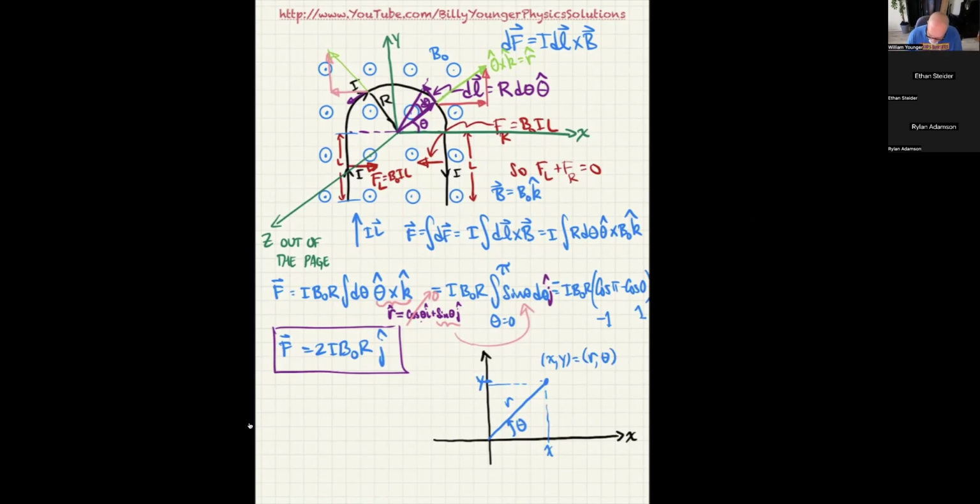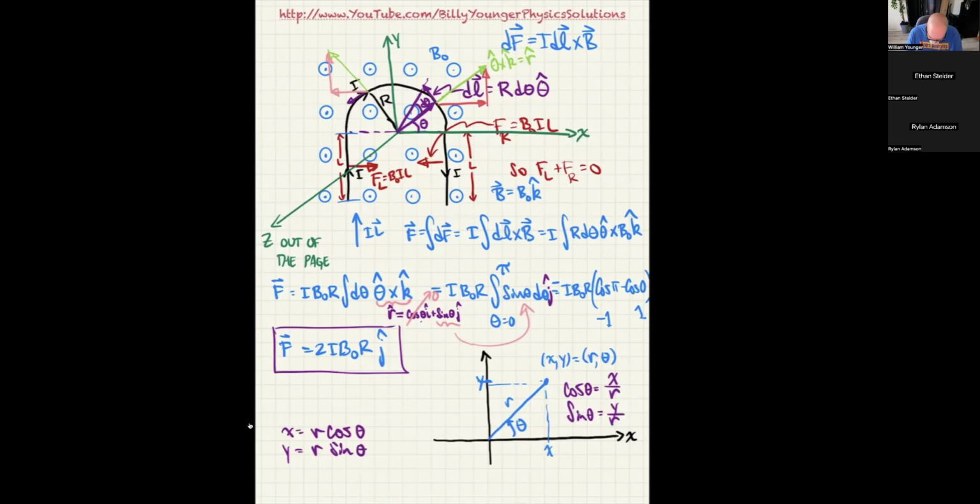Now, if you tried to figure out what x is using trigonometry, you could realize that the trig functions give us cosine theta is equal to adjacent over hypotenuse. So that's x over r. And you'd see that sine theta gives us opposite over hypotenuse. So that's y over r. So now you can see that x is going to be equal to r cosine theta, and y is going to be equal to r sine theta.